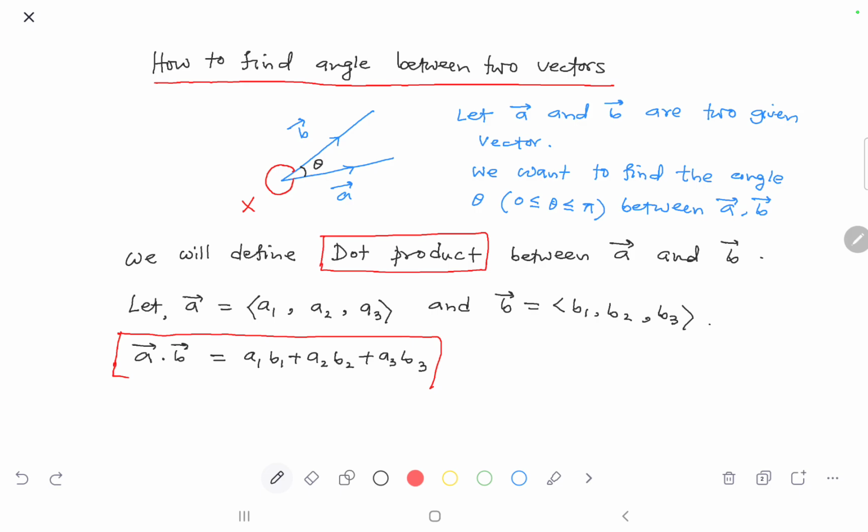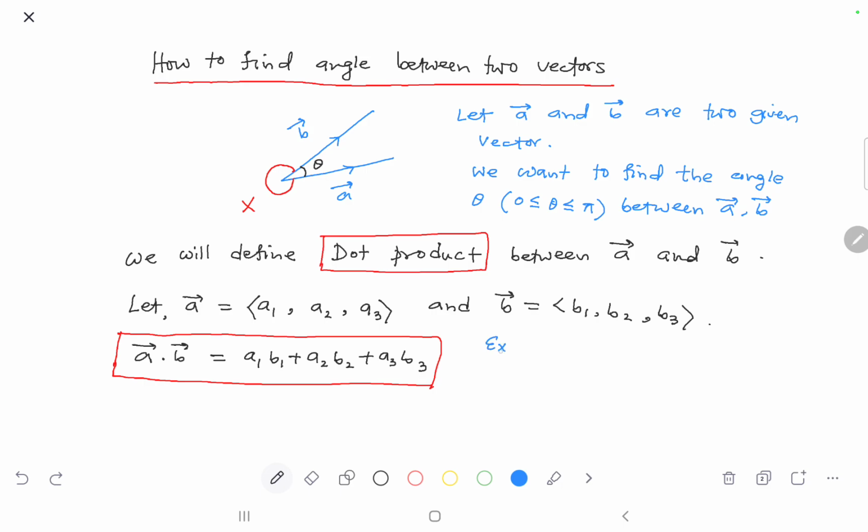I'll tell you how this dot product helps us to calculate the angle between two vectors. Is the definition clear? If you have two vectors A and B, say A has components A1, A2, A3, B has components B1, B2, B3, the dot product is given this way.